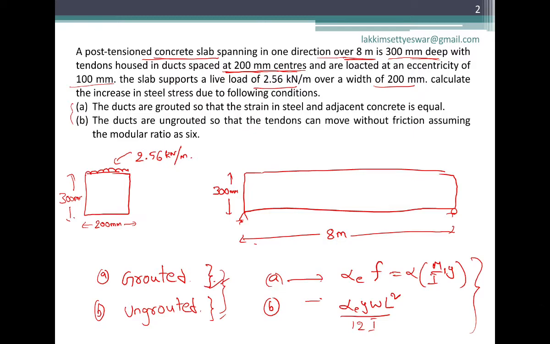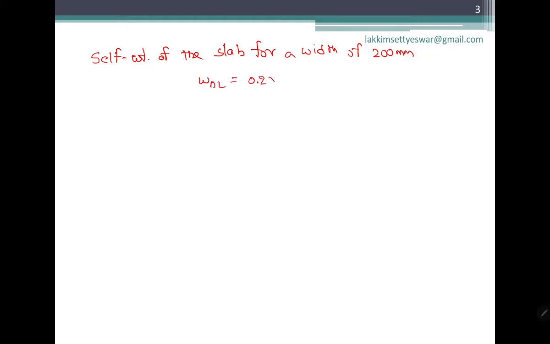First, let's calculate sectional properties and weights. The self weight of the slab for a width of 200 mm, that is WDL, is equal to 0.2 into 0.3 into 1 into 24.